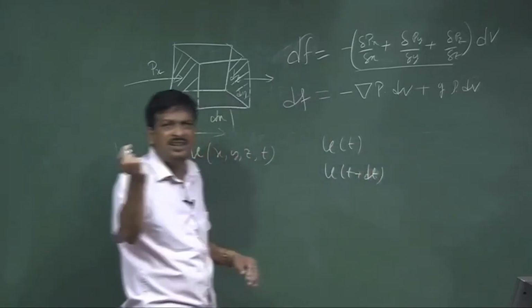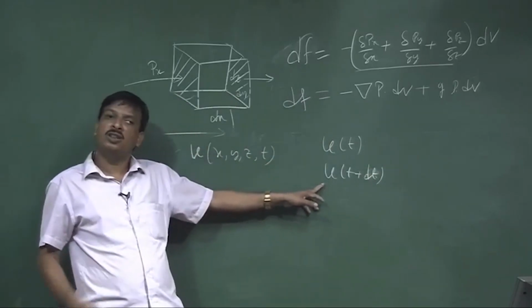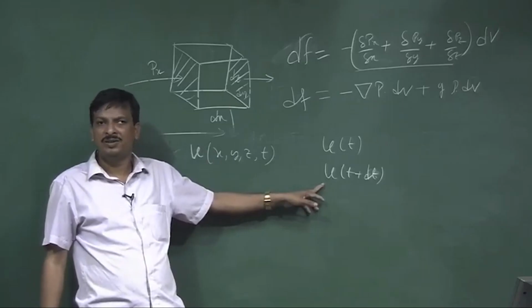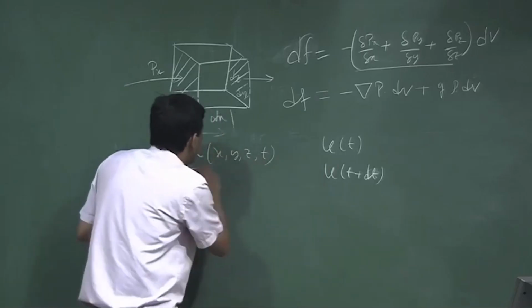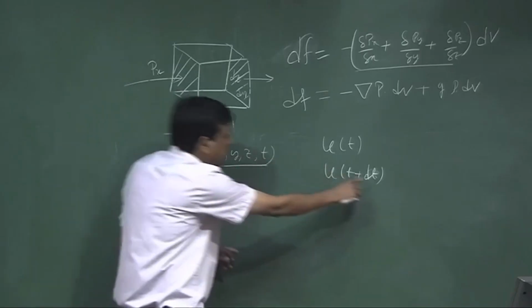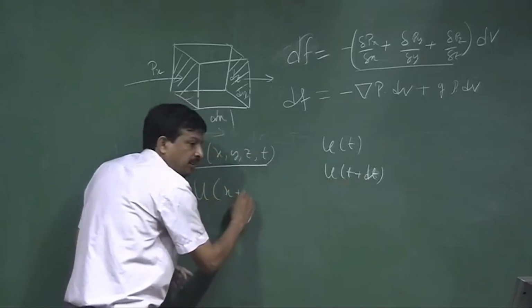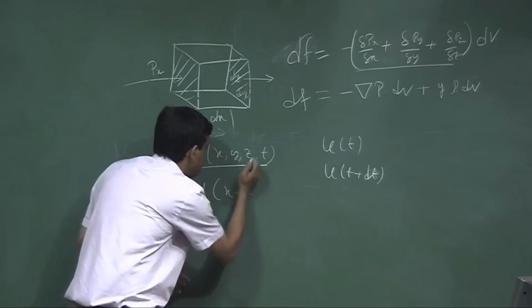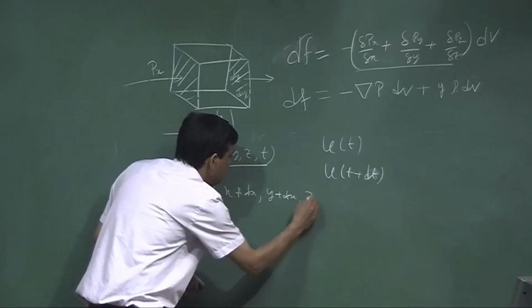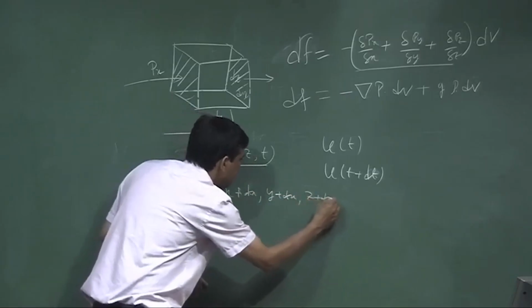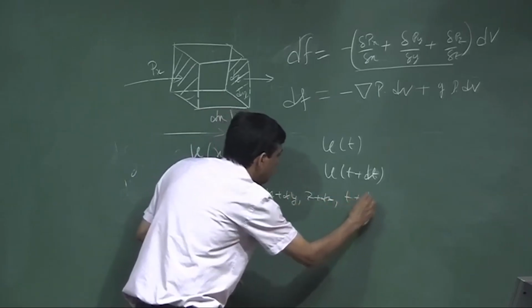After a little change of time, not only does time change, the position of the particle also changes. So, if this is my initial u at t, after dt time I will get a particle velocity u at x plus dx, y plus dy, z plus dz, and t plus dt.